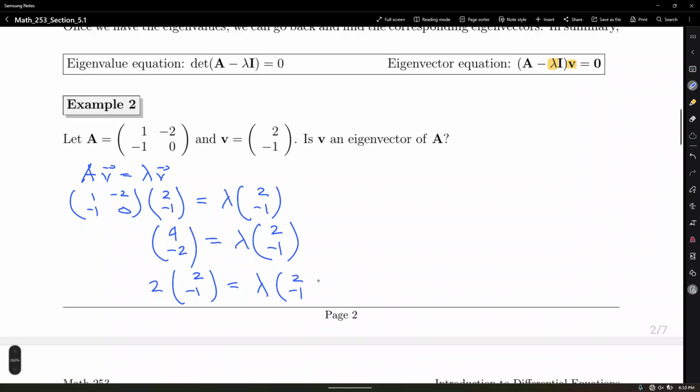Now, how do we know these two actually satisfy that condition? Do you see the same vector v right here? Okay, well, then that is true.